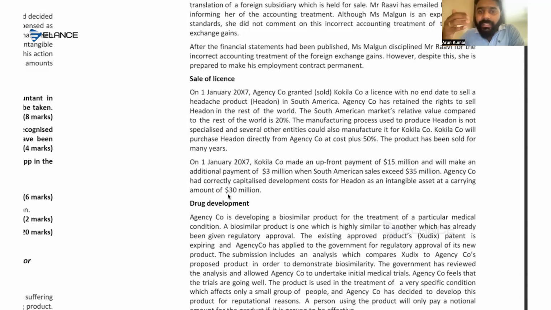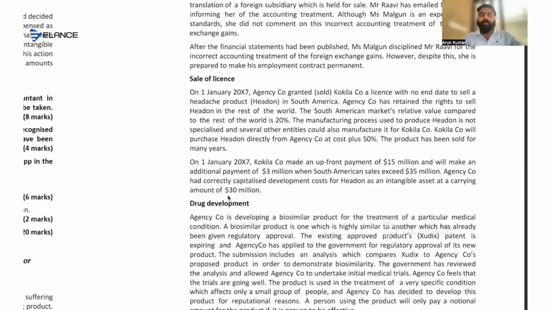But we are making sales not just to South America, we are making sales to the rest of the world as well. So this 30 million is not just for that particular area. They said that the South American market's relative value compared to the rest of the world is 20%. So the overall carrying value of that intangible asset is 30 million, of which they are disposing only the South American part.